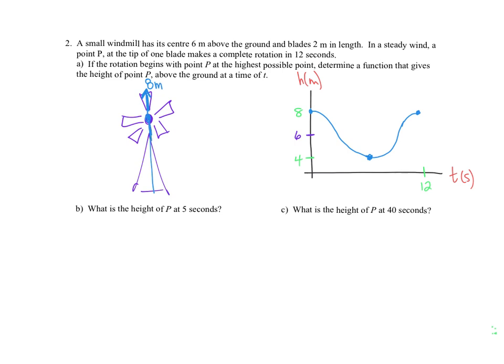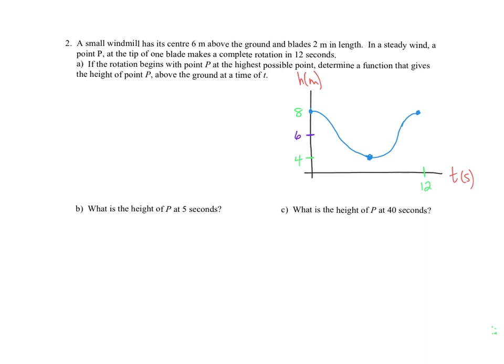When it rotates and reaches the lowest point, that blade is still 2 meters long. It does not change in size. So 2 meters from that center is going to be 4 meters, which is why our windmill stays above the ground. Those would be key pieces of information that we would want to use.